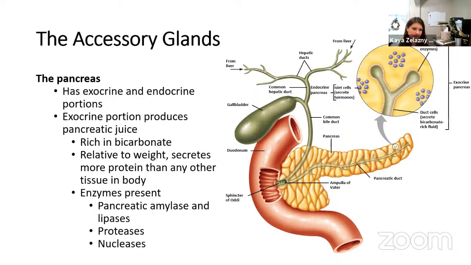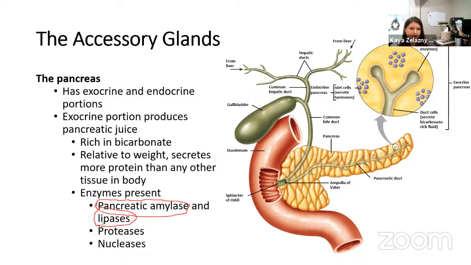So we have 4 basic types of enzymes that the pancreas is secreting. So there's pancreatic amylase, which is just like the salivary amylase. It's going to be breaking down carbohydrates. We have various types of lipases. So lipases are going to break down lipids.